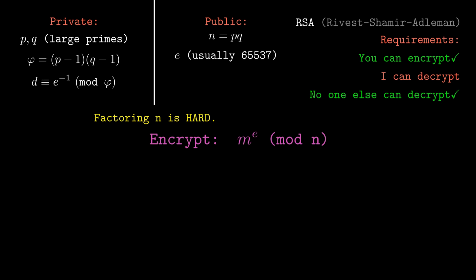But then how can I decrypt it? Well, that's why RSA is so astounding. To decrypt, I make use of the private information only I know. Do you remember the two time-saving tricks we derived earlier? Let's write them out again.